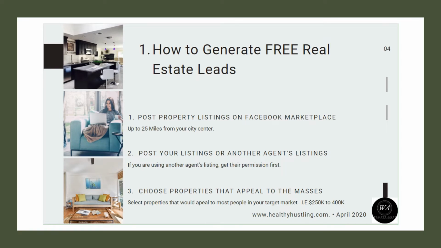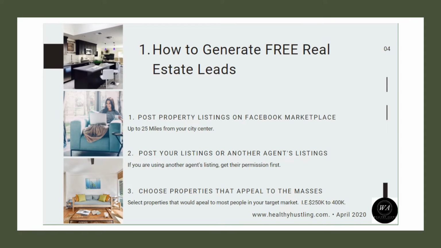Number 2 is you would then post either a listing or listings that you may have now, or some other agent's listing, as long as you get their permission. And you're going to choose properties for this Facebook Marketplace strategy that appeal to the masses, so to speak.